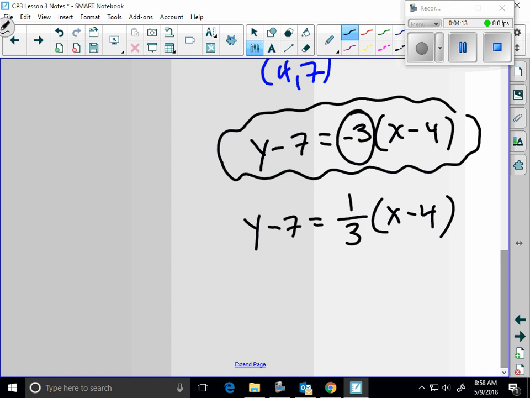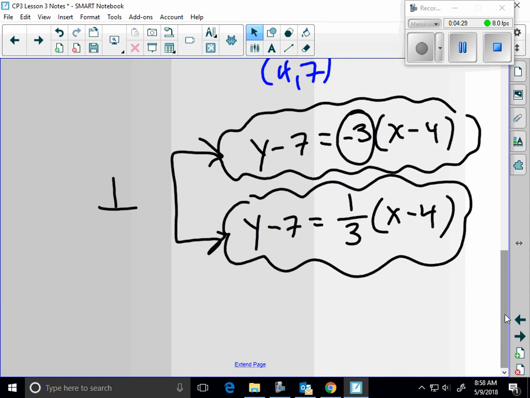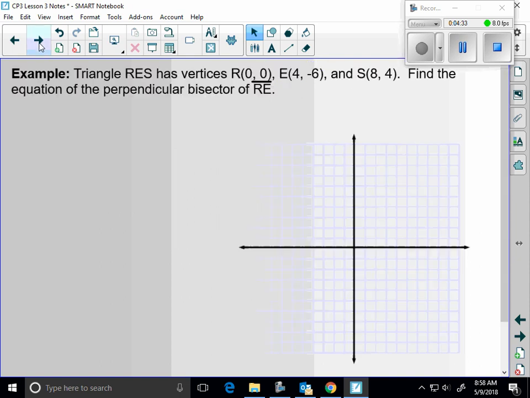Right on. So what would be true about these 2 lines is that the first one and the second one are perpendicular to each other. They go through the same point, and they're perpendicular to each other. Okay, that's a little review on slope, midpoint, and the equation of a line.